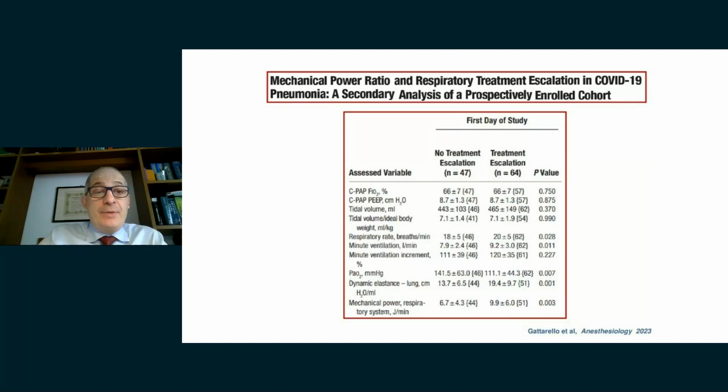And as you can see, the respiratory rate was significantly lower in patients who were managed with helmet CPAP, so with non-invasive ventilation, and the minute ventilation was significantly lower, and the gas exchange was significantly higher.